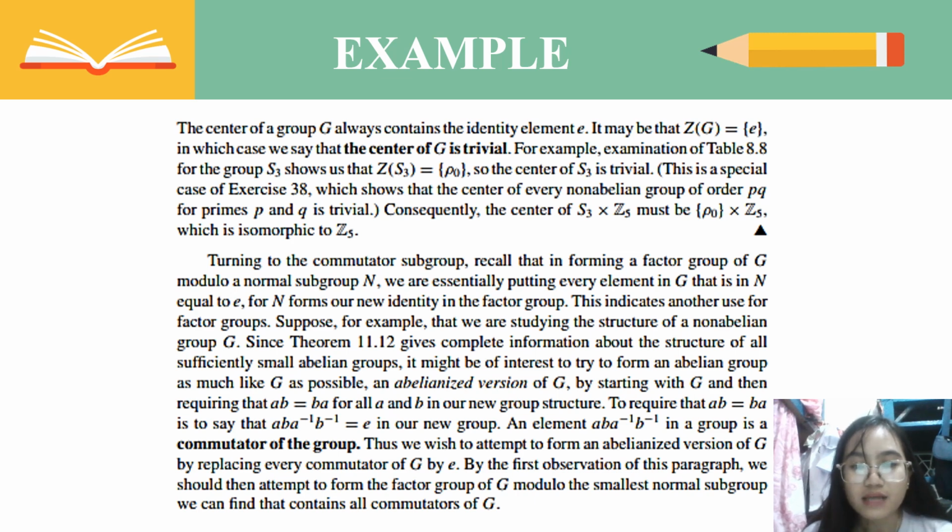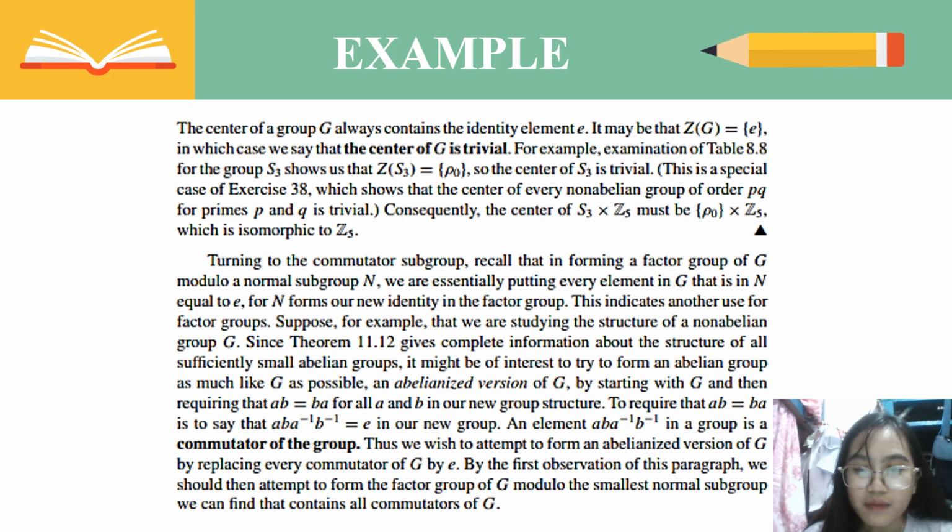We form an abelianized version of G by starting with G and then requiring that ab equals ba for all a and b in our new group structure. To require ab equals ba is to say that aba inverse b inverse equals E, the identity in our new group.